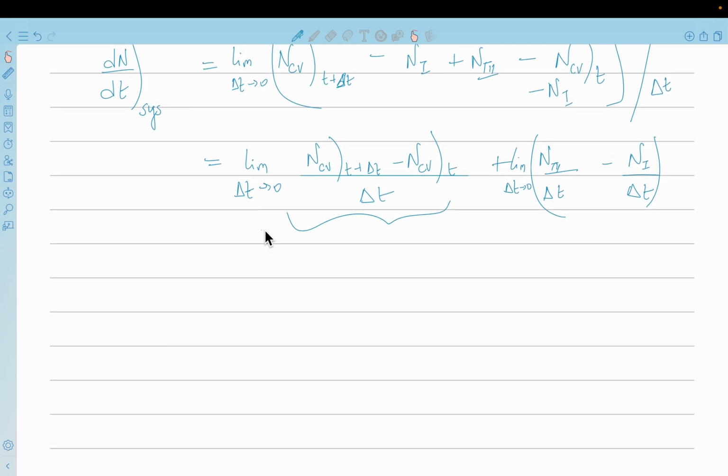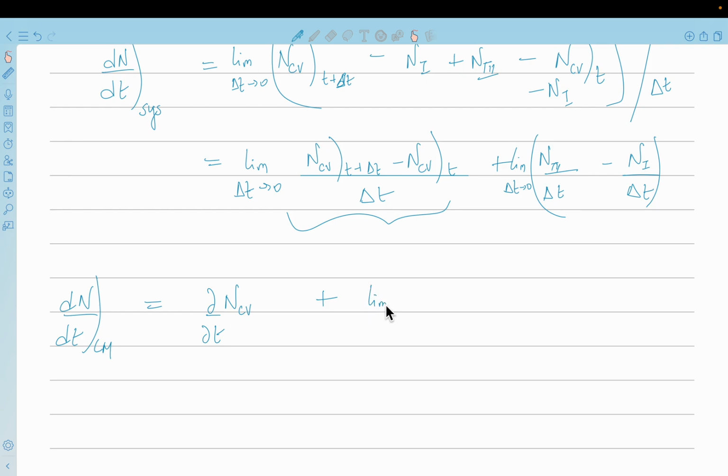Yeah, so moving on, what is this term? In the limit delta t tends to 0, this is the derivative of NCV, remember? So on the left hand side, we already have this dN by dt from the control mass perspective, systems perspective. And we have on the right hand side our first term, which is d by dt, or may I write it as, because it is only with control volume, dou by dou t of NCV, plus we have some other terms. What are our other terms?